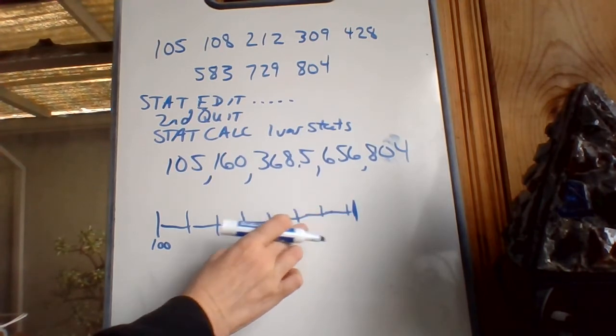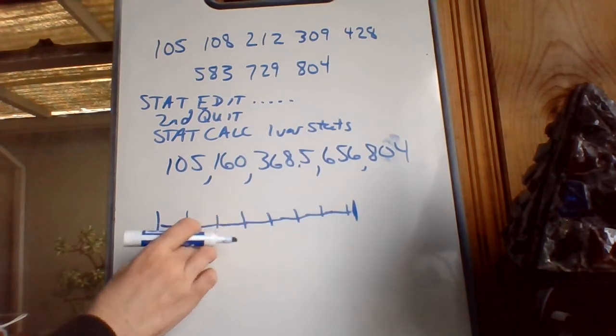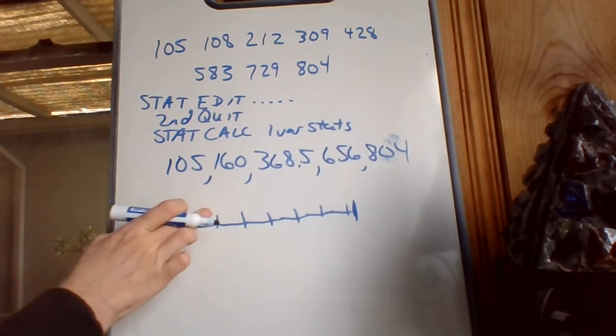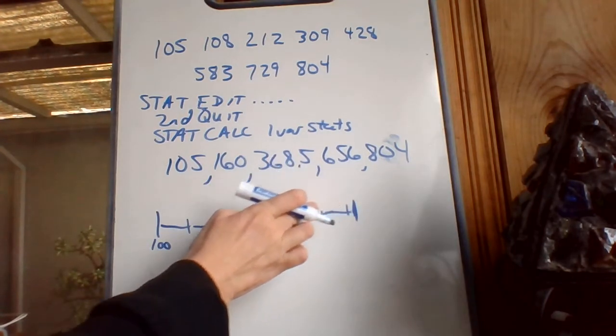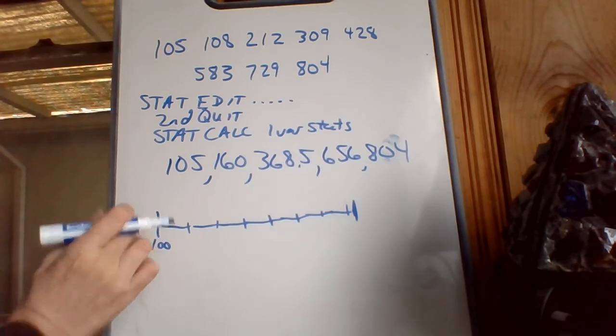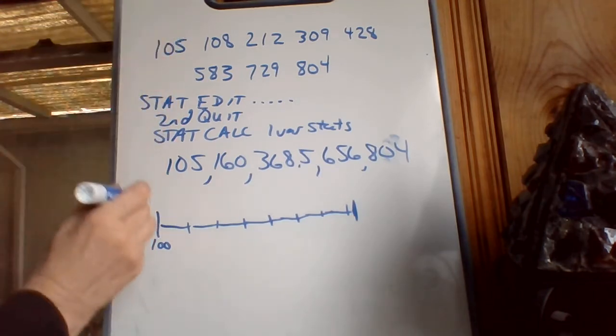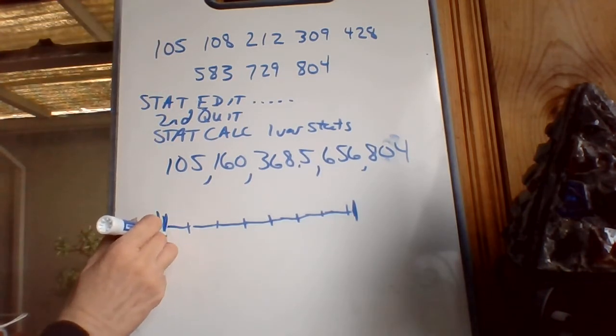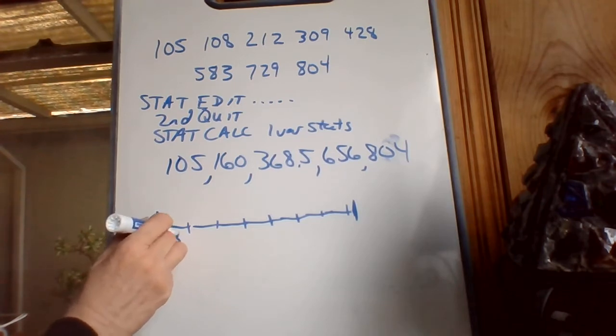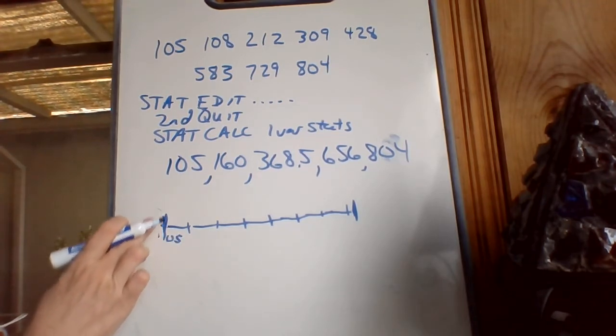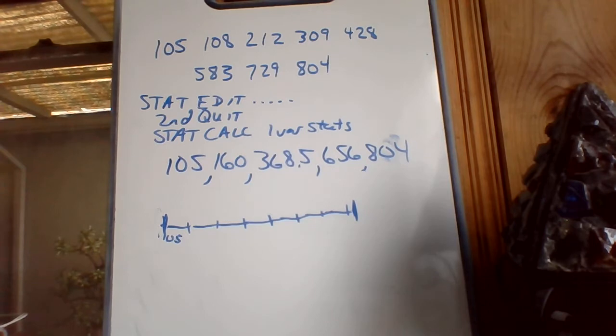And I really don't want all of these hash marks to show up that much. I just used them to set up the scale. And I really don't want to be at 100 because my smallest number is 105. So get rid of the 100.